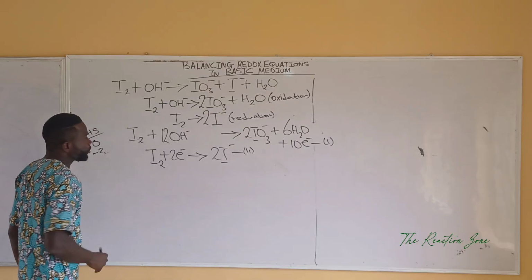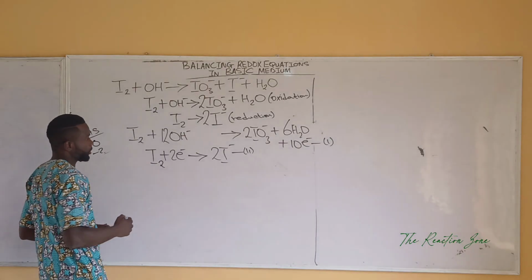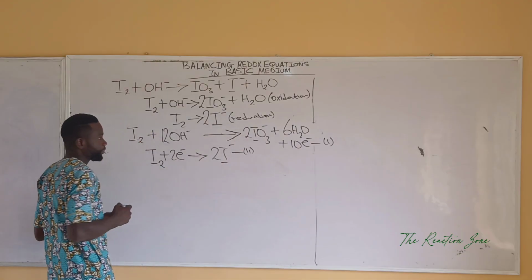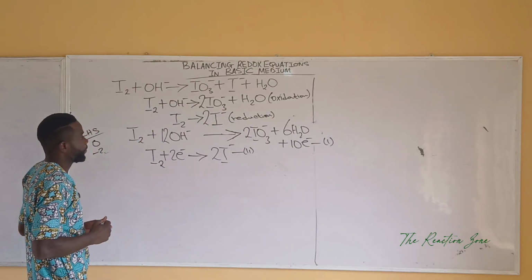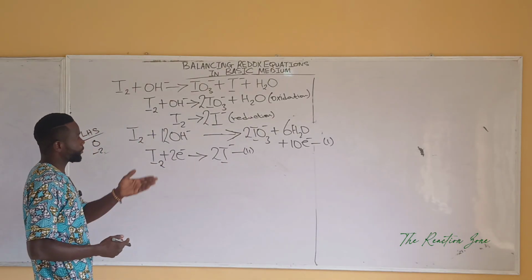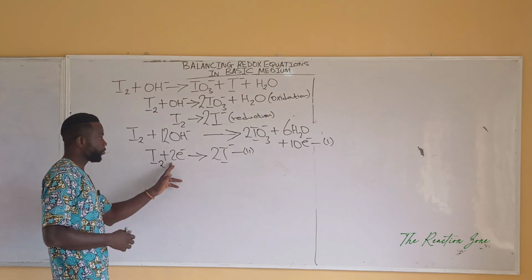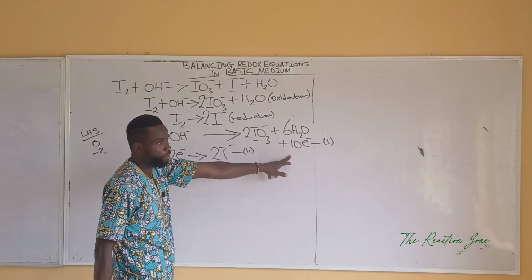Now the next thing to do is to ensure that the electrons in both equations are the same. In equation 1, we have 10 electrons. In equation 2, we have 2 electrons. 2 is a factor of 10.